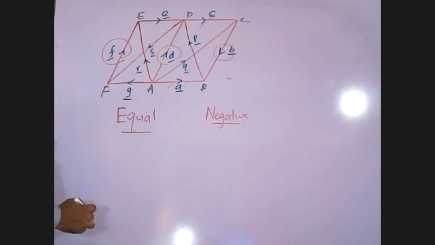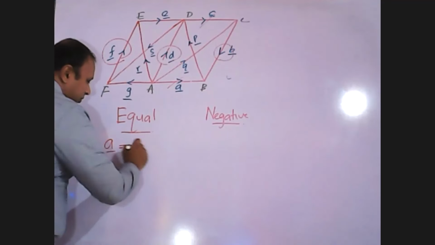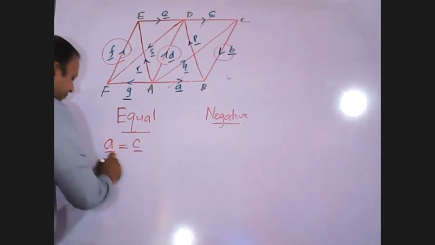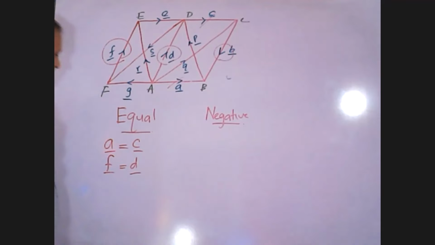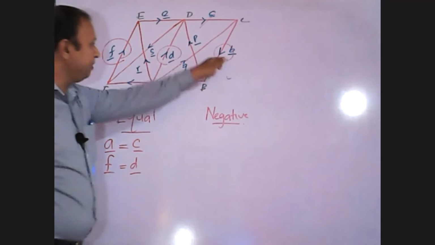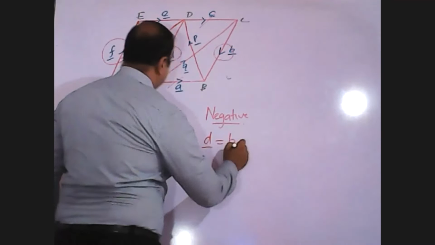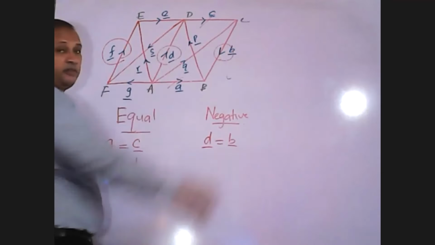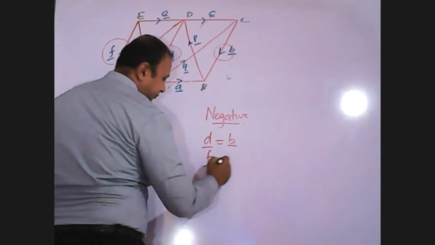What are the equal vectors? A and C, no? We have found that one. Then F and D. Negative vectors: D and B are negative vectors. And F and B, look at this. Arrowheads are different in F and B.